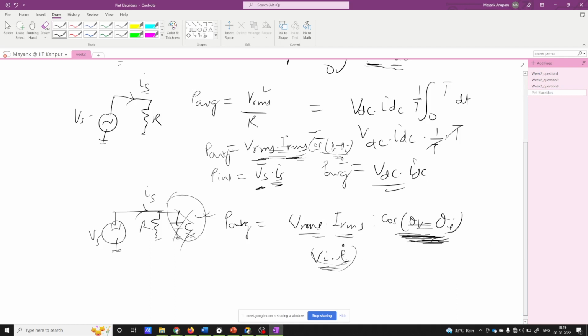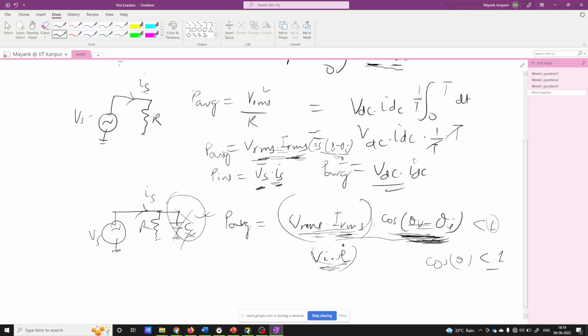So what I mean is that suppose you look only at this term, Vrms times Irms. What is this power? This will definitely be larger than this whole product, isn't it? Because cos of theta v minus theta i is always less than 1. You remember, right? Cos of anything is always at most 1.